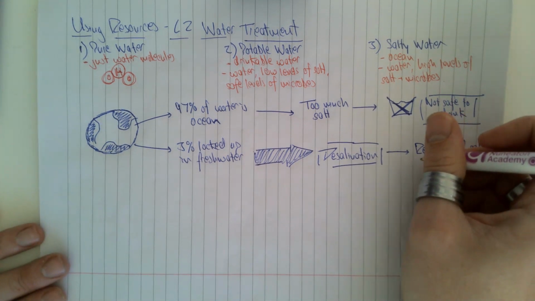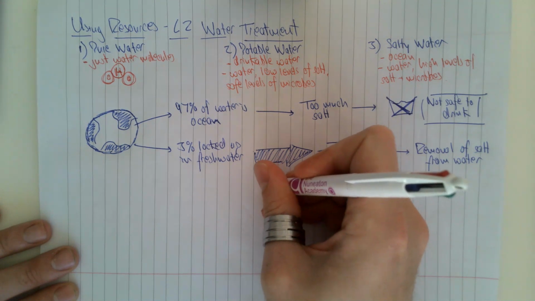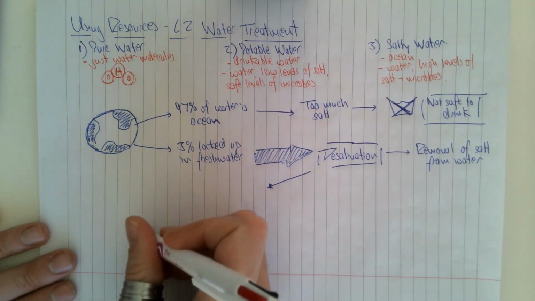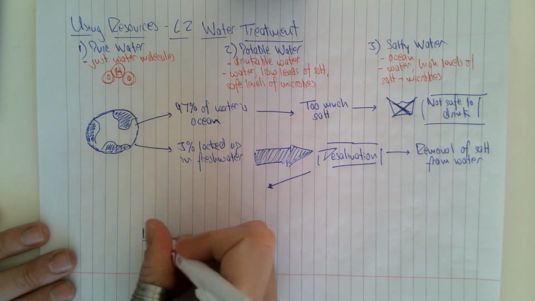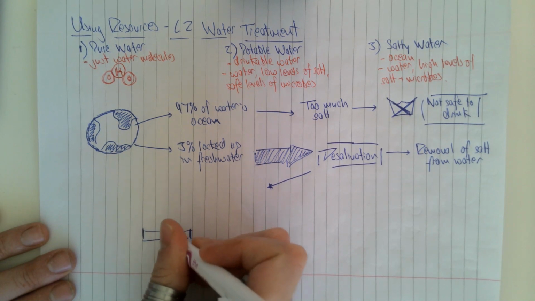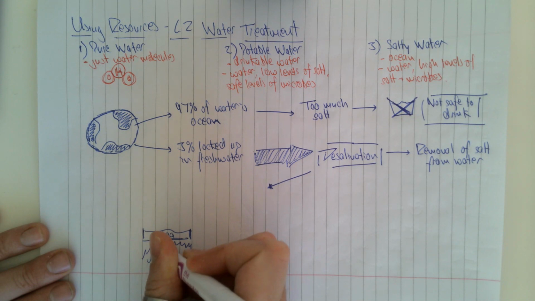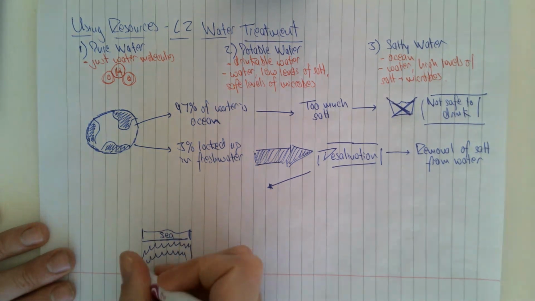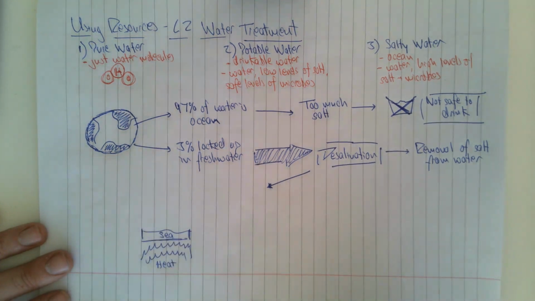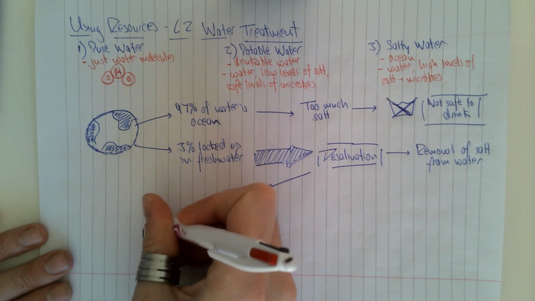Now, in terms of a process, it's relatively simple. If we were to take something like seawater and we heat it, what that water is automatically going to do is evaporate.